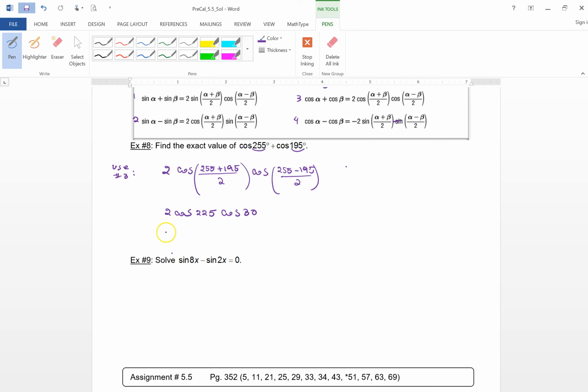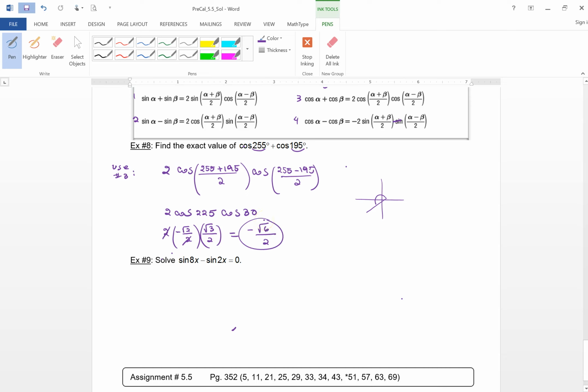So what would that be? What's cosine of 45? Root 2 over 2, except 225 is in this quadrant where cosine is negative. So it's negative. And what's cosine of 30? Everybody knows now what cosine of 30 is. Root 3 over 2. Yeah, there's a 50-50 chance. These 2's will go away, so it's negative root 6 over 2.